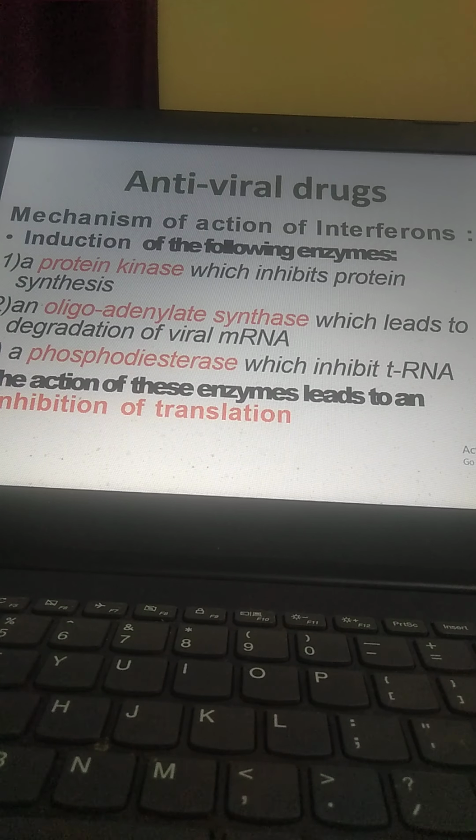So they act on three places mainly. The action of these enzymes leads to an inhibition of translation. So translation is being inhibited.